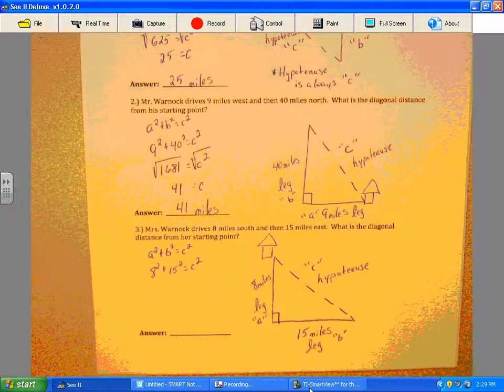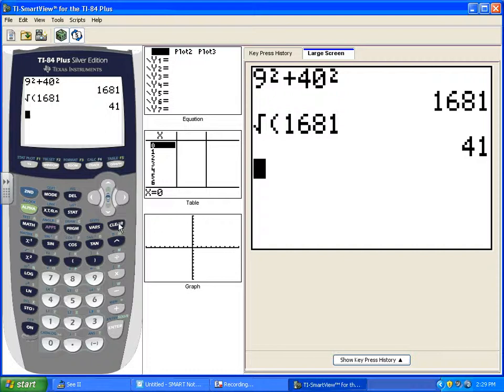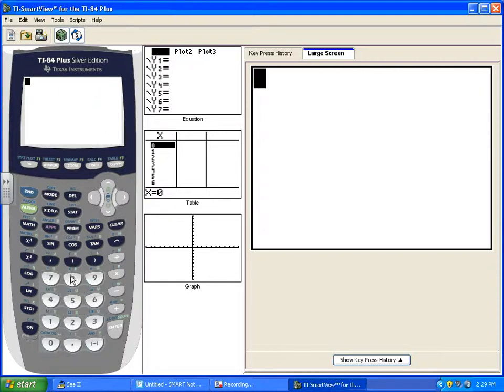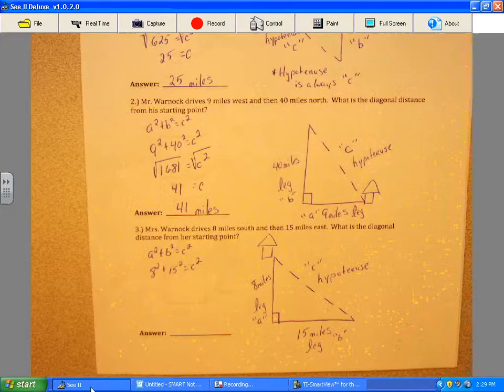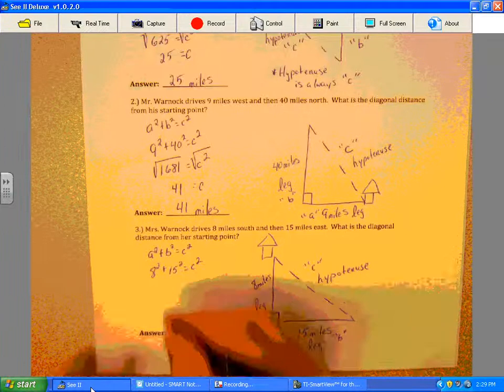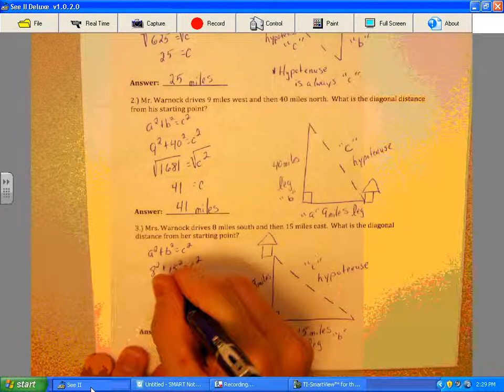Going back to the calculator, 8 squared plus 15 squared, that will equal 289. So 289 equals c squared.